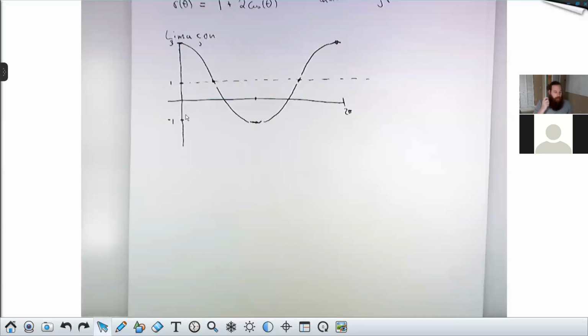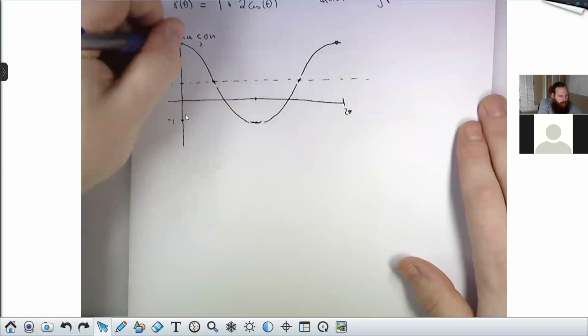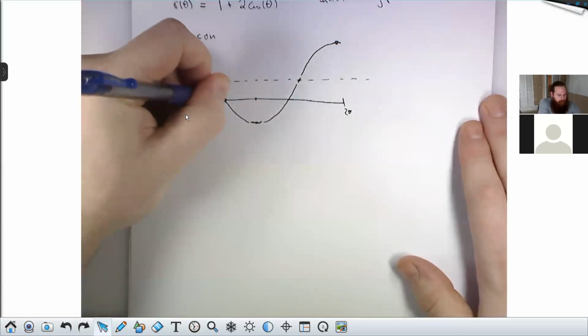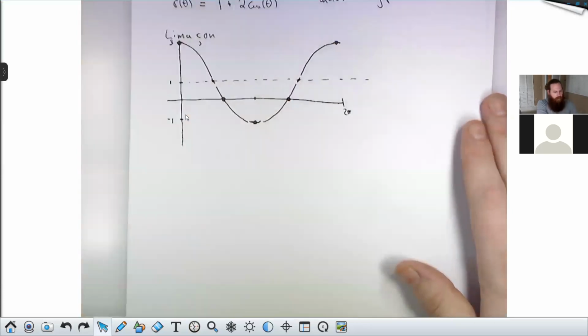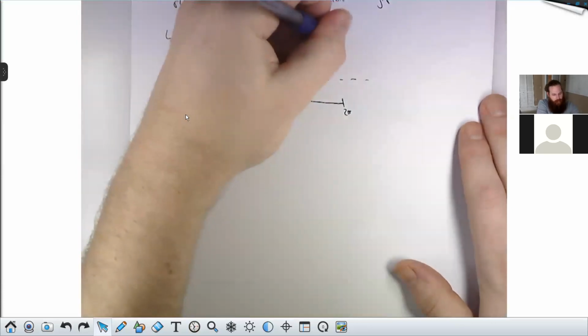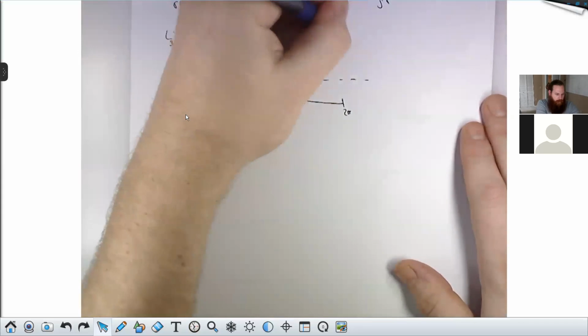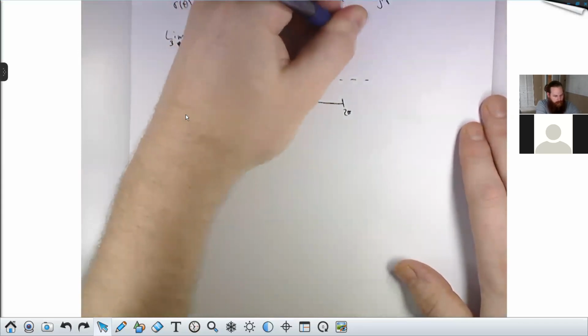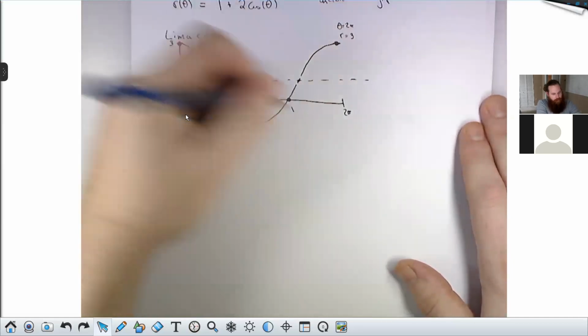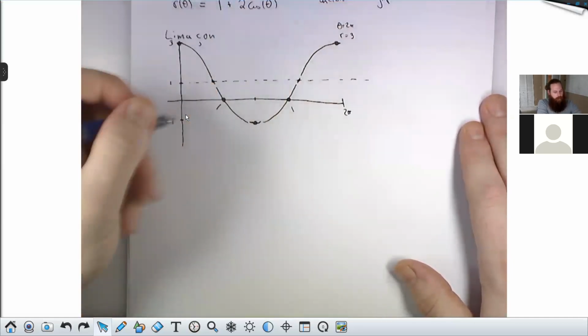Okay, so I want to label any of the important points here: mins, maxes, and intercepts. This is, of course, theta is 2 pi, and r here is 3. These guys, I'm going to have to do a little bit of work to find.